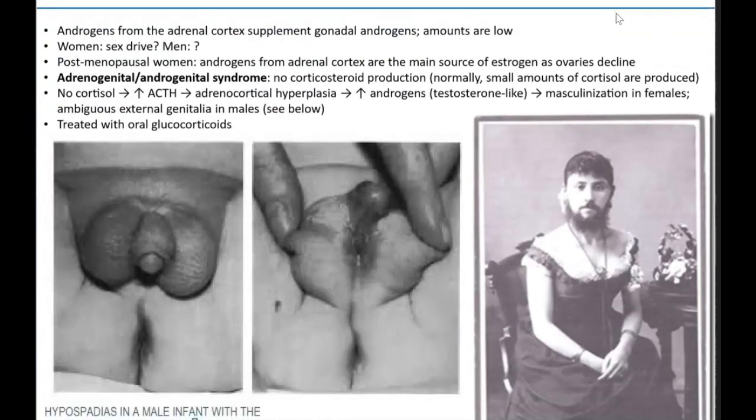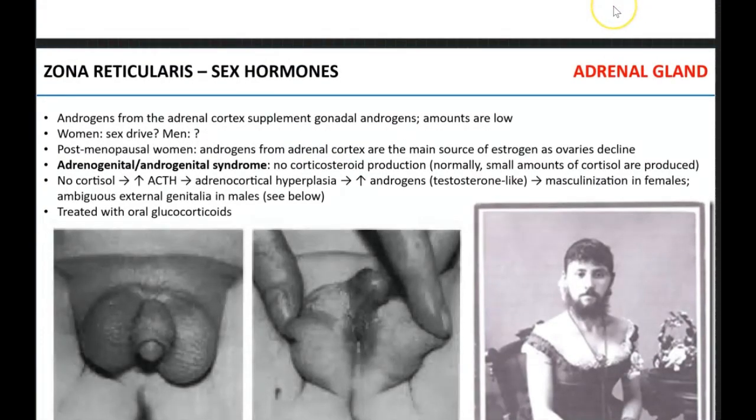Now, zona reticularis. It is kind of a useless zone. Not completely useless. It produces androgens, but in fairly low amounts, and they just support the androgens that are produced by the gonads.